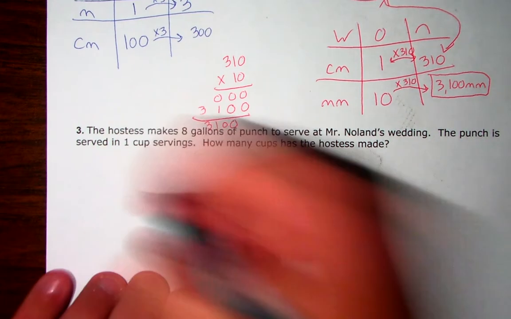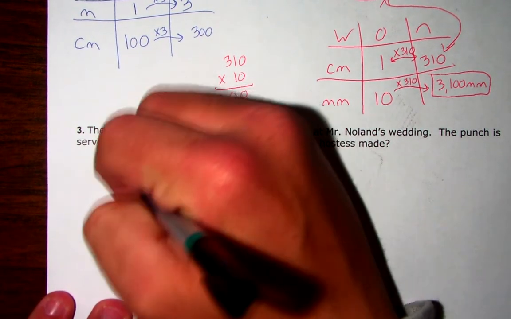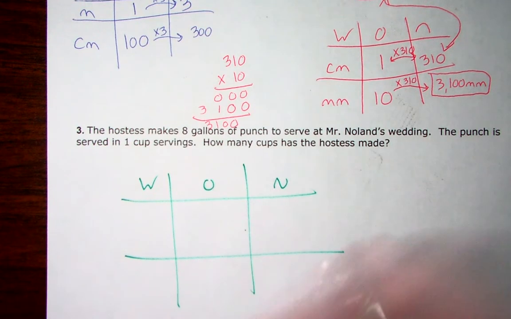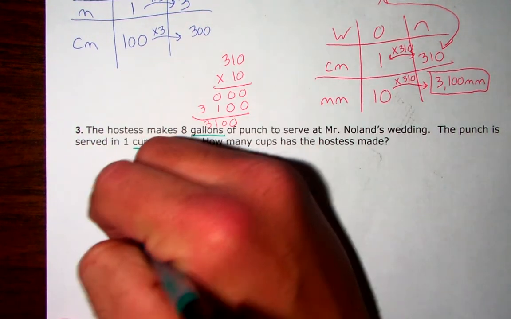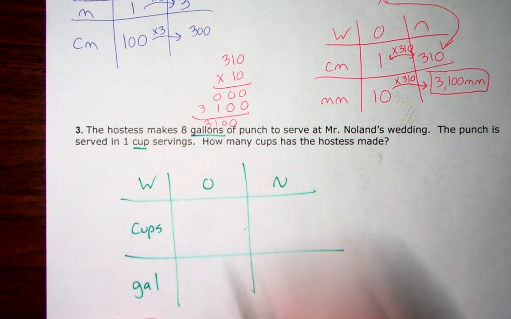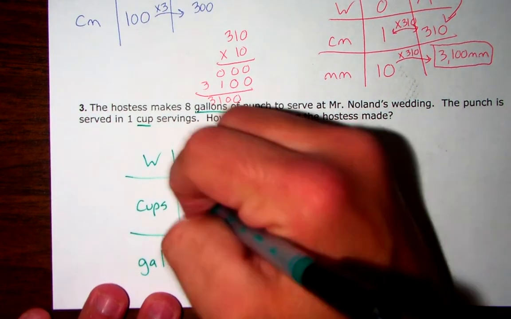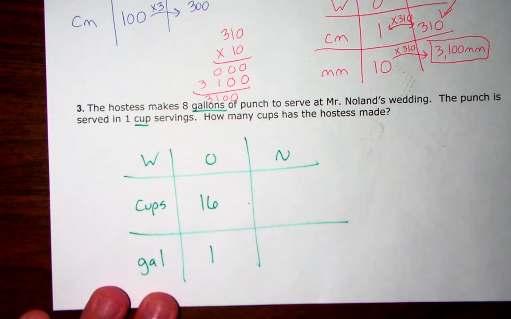Alright, so here we go. Words original new. We have cups and gallons. Well, y'all just told me the conversion that there are 16 cups in 1 gallon.